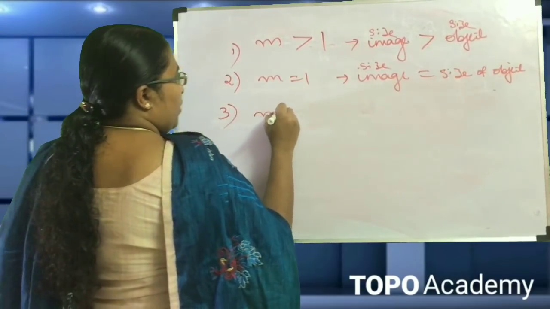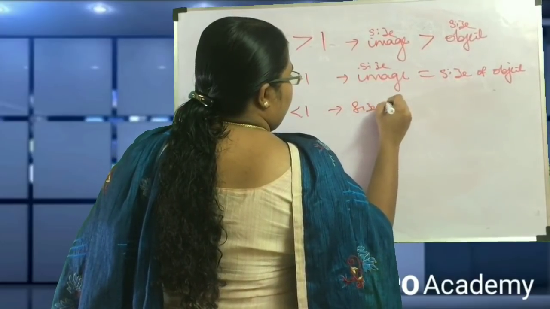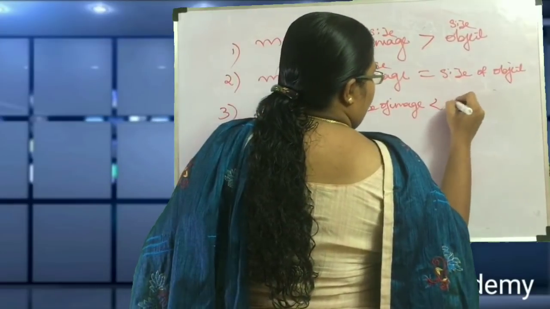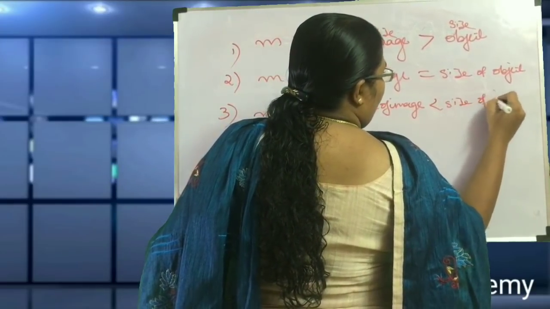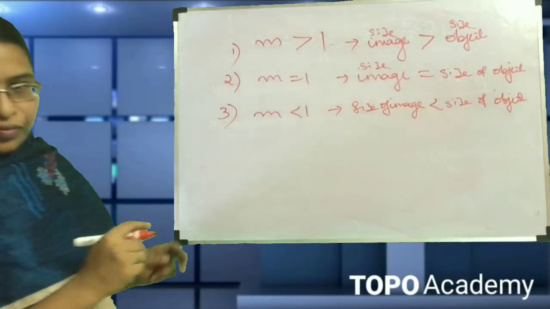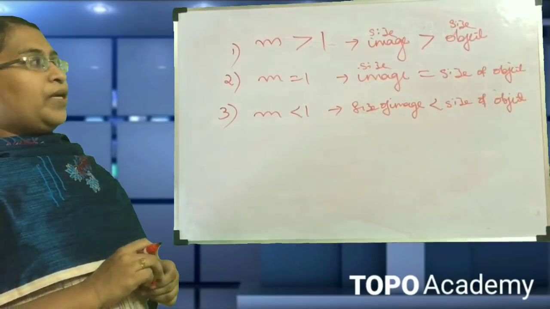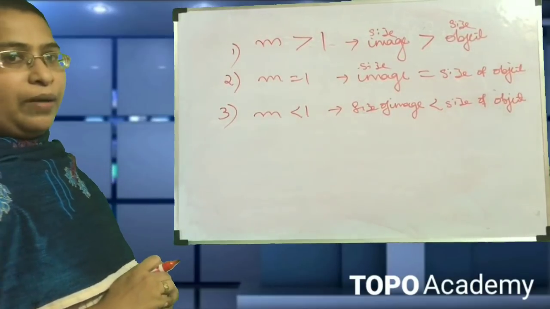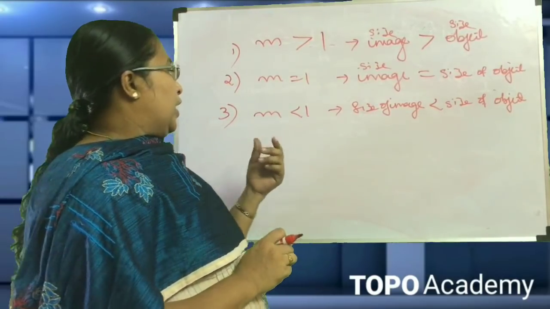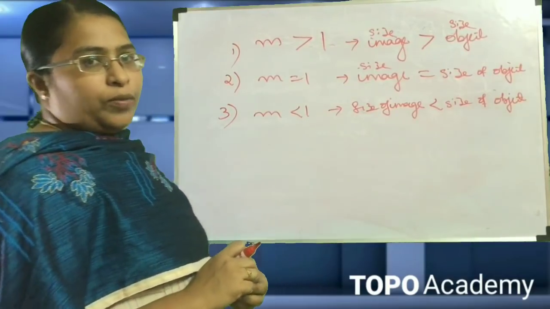And the third case, m is less than 1, means the size of the image is less than the size of the object. So these are three cases. If m is greater than 1, the size of the image is greater than the size of the object. If m is equal to 1, the size of the image is equal to the size of the object. And if m is less than 1, the size of the image is less than the size of the object.